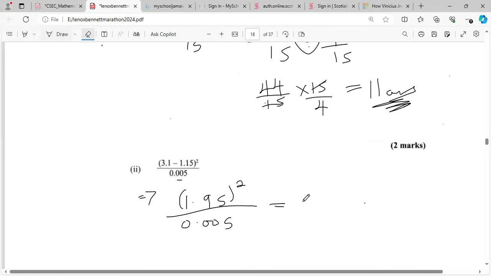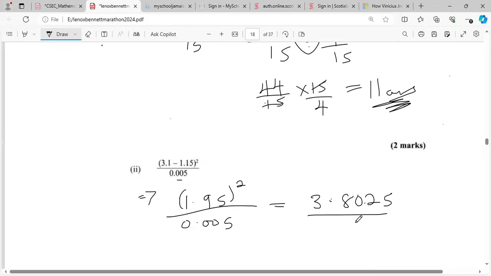Alright, so 1.95 times 1.95. And then we divide, because power comes before divide. 1.95 times 1.95, which is 3.8025.